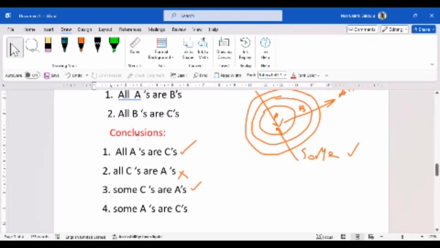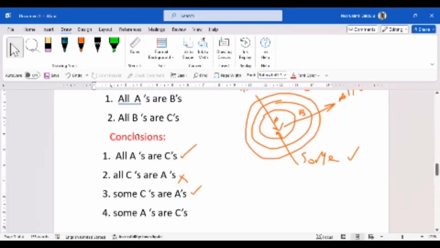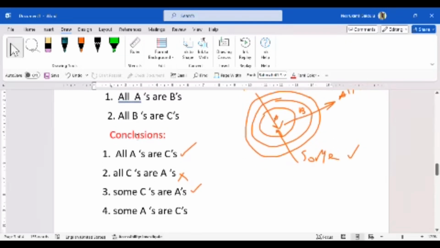Next one. What is "some A's are C's"? Here, A's to C's means inner circle to outer circle. So from inner circle to outer circle, all is always true and some is also always true, right?